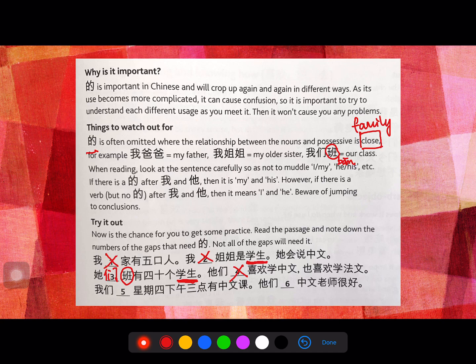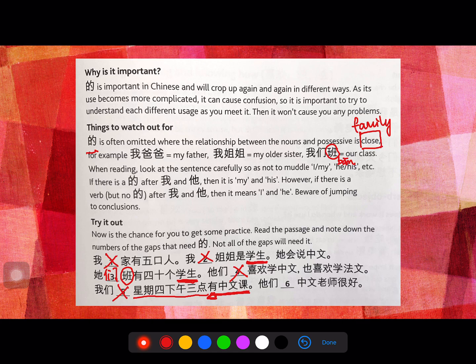他们喜欢中文，也喜欢学法文。我们 okay, here it is saying 星期四下午3点, 3 o'clock in the afternoon on Thursday, 有中文课, there are Chinese classes, or we have Chinese. So because you are saying we have, you don't need anything here.